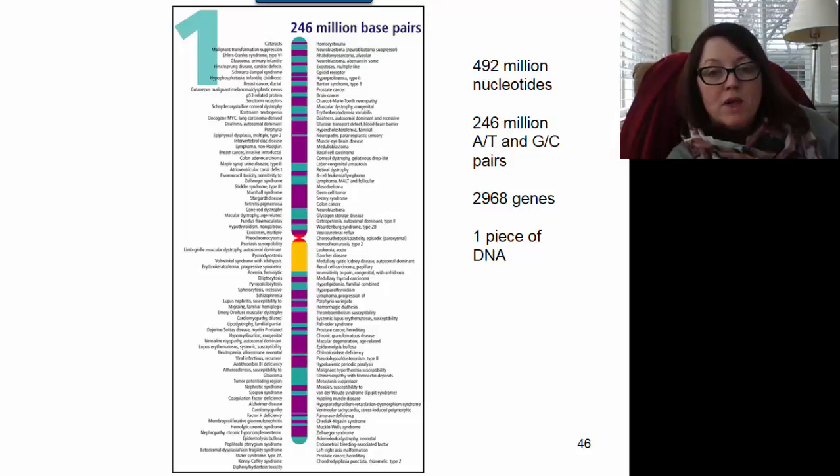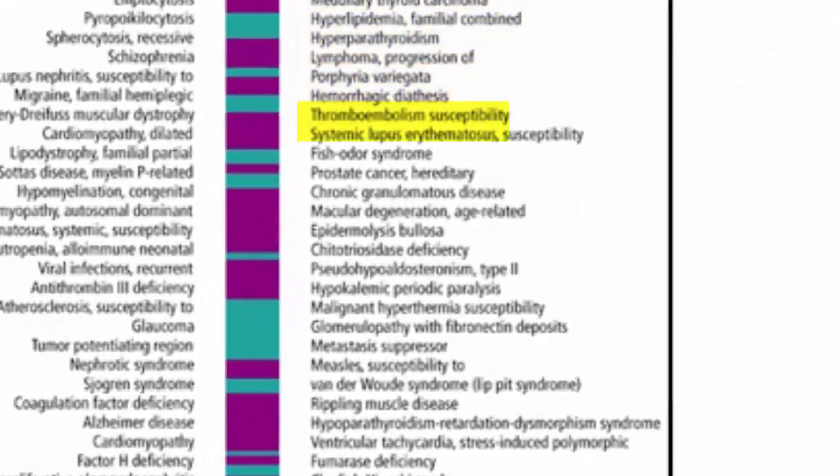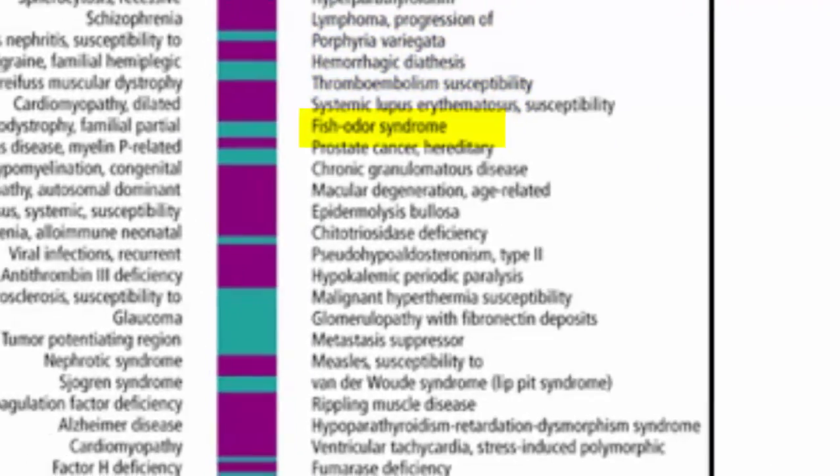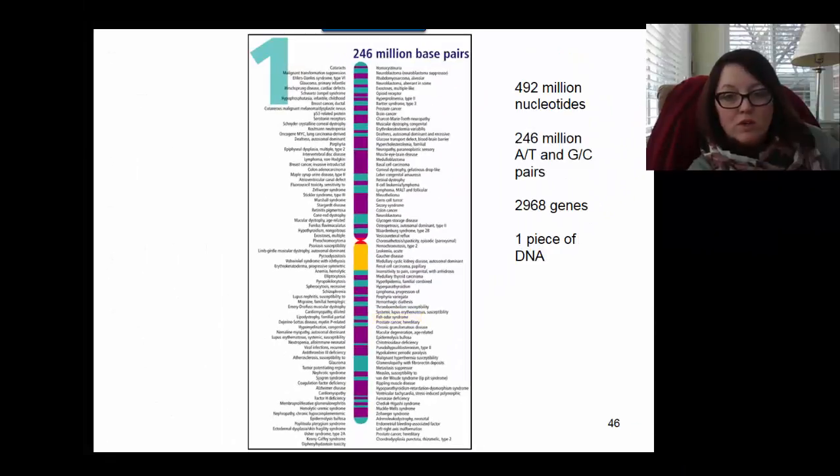On the picture here, we actually see a series of diseases that are known to be associated with gene mutations for chromosome number 1. Somewhere on here there is the fish odor syndrome disease, and colon cancer, leukemia, several different diseases are associated with chromosome number 1.